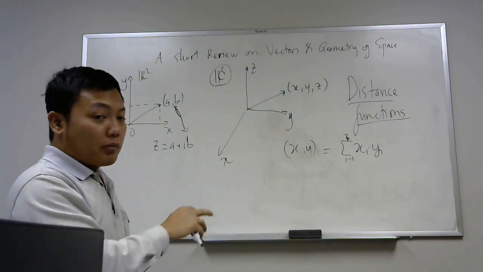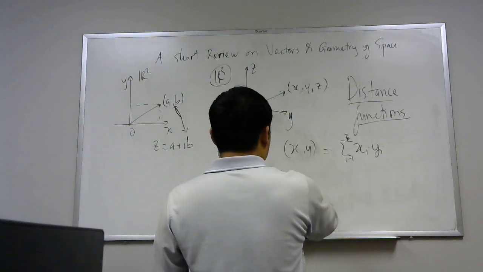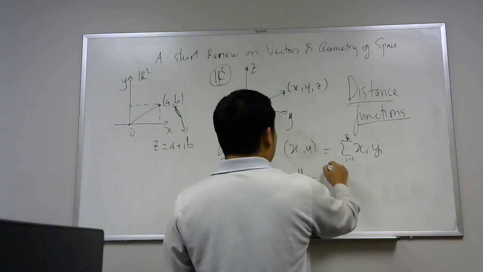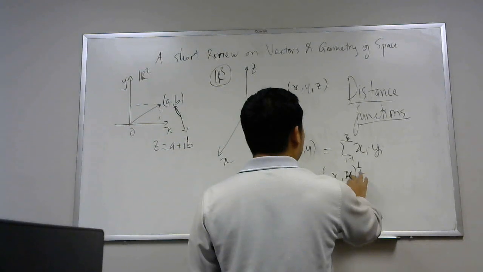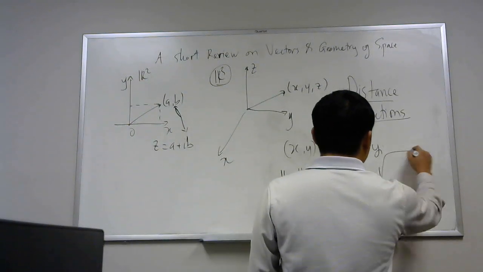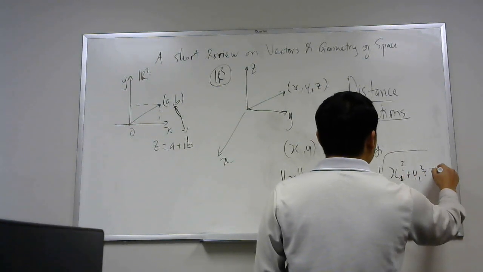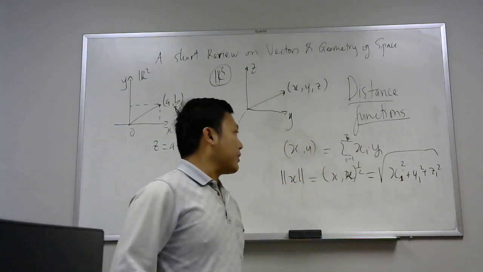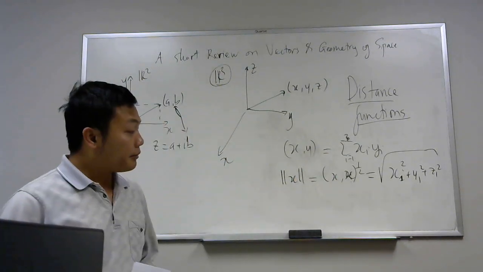So based on this dot product, you can define the norm of a vector. Norm of x is just x dot x to the power 1 over 2, right? That is the square root of x1 squared plus y1 squared plus z1 squared, in case x is x1, y1, z1.